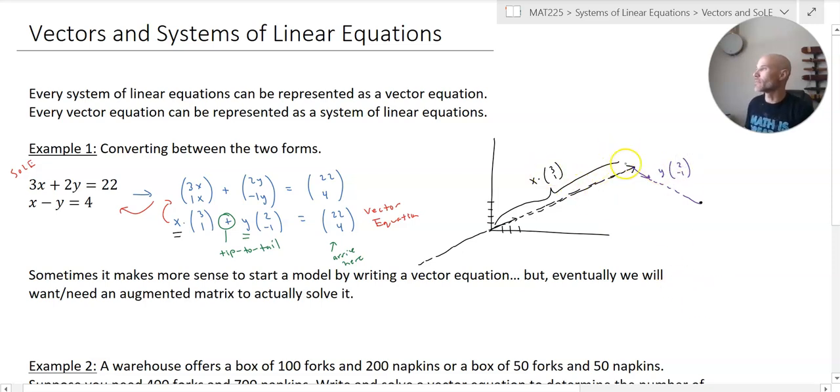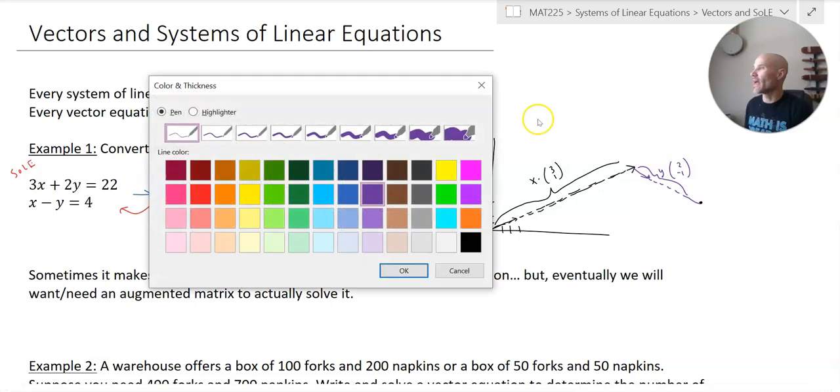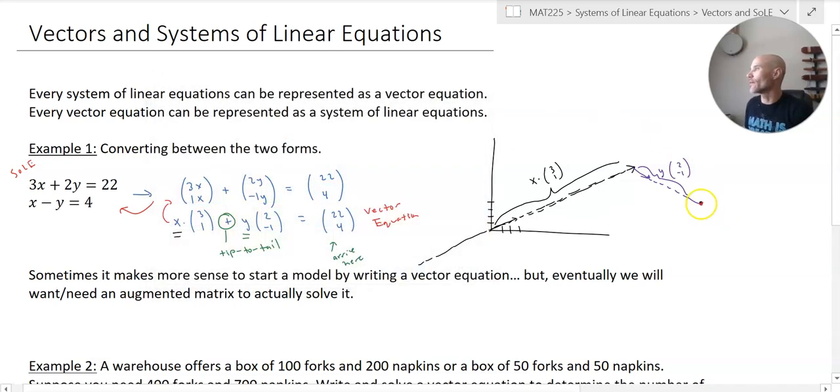Since I'm putting these together tip to tail, remember that means adding the two vectors, and where I want to land, my finisher, is right over here at the point 22, 4. Now, writing a point as a vector and a vector as a point is kind of the same thing.